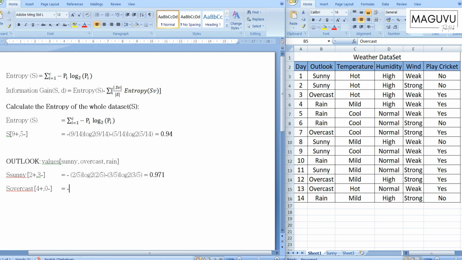So this will be 4 divided by 4 log 2 of 4 divided by 4, and then we also go ahead and do the negatives, which is 0 divided by 4 log 2 of 0 divided by 4. This will give us a value of 0.